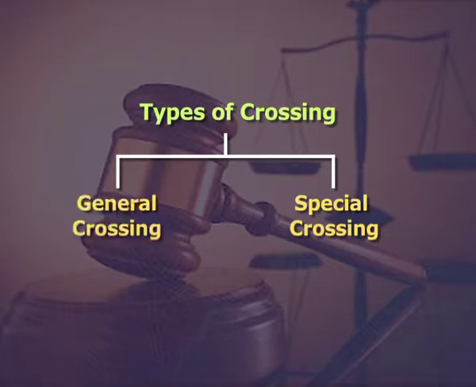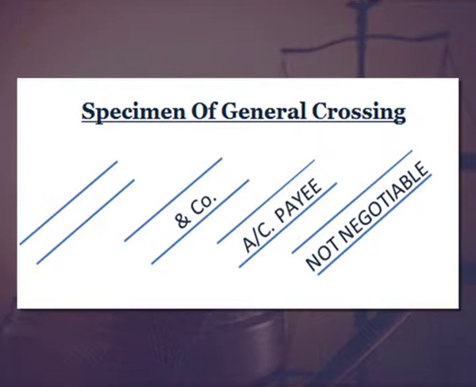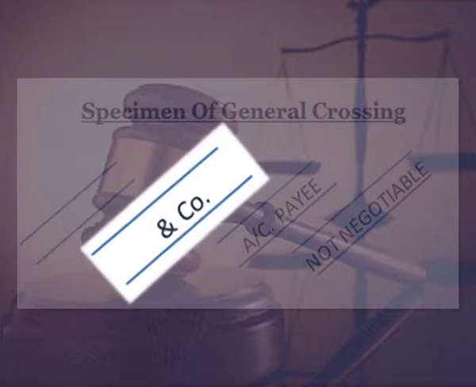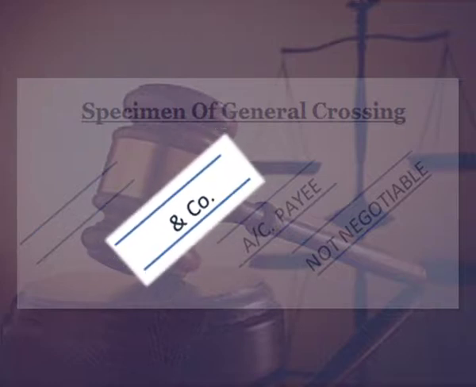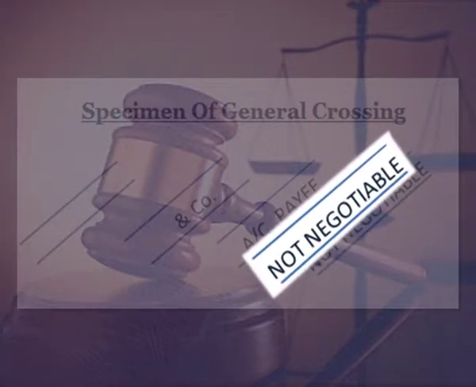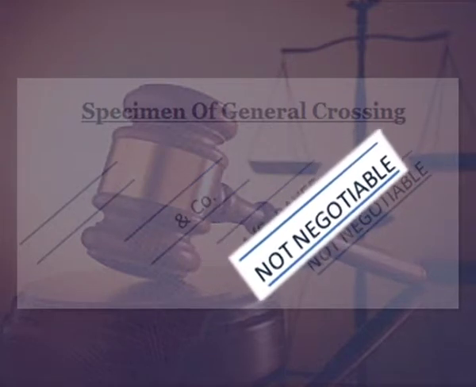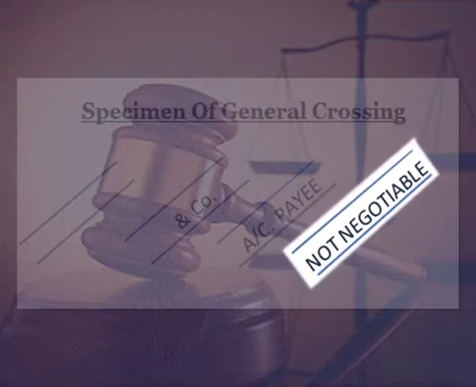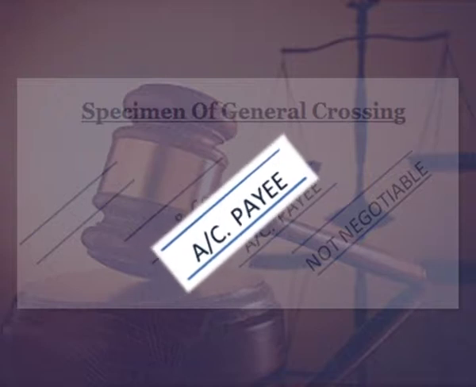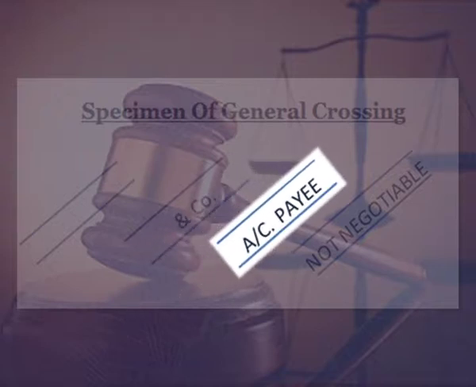General crossing: generally, the checks are crossed where it bears two transverse parallel lines across its face and, addition of: first, the check bears an abbreviation "and company" between the two parallel lines, or second, the check bears the words "not negotiable" between the two parallel lines, or third, the check bears the words "account payee" between the two parallel lines.